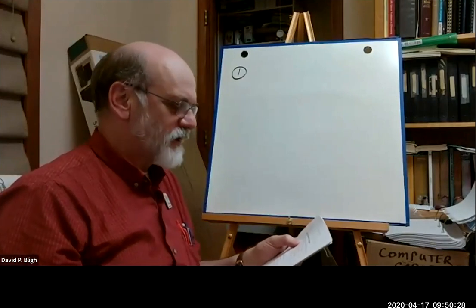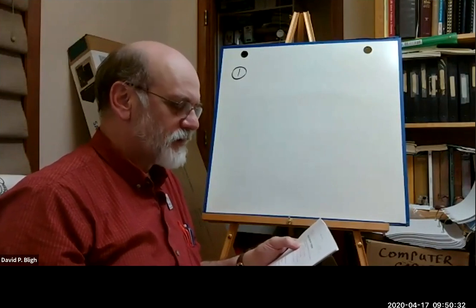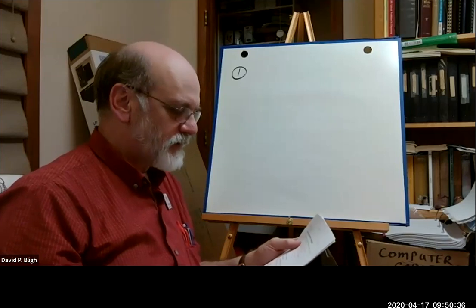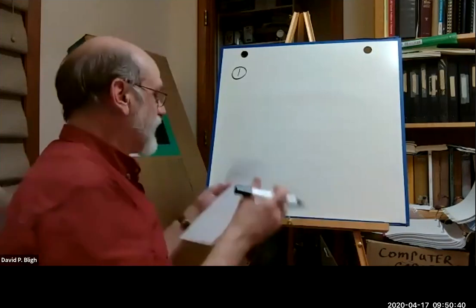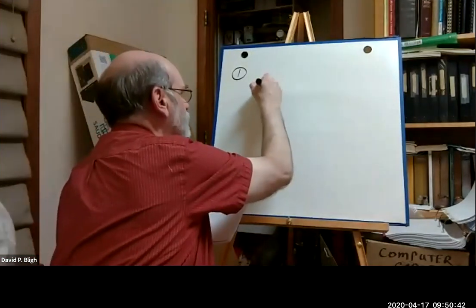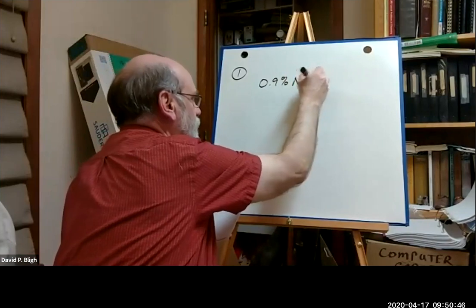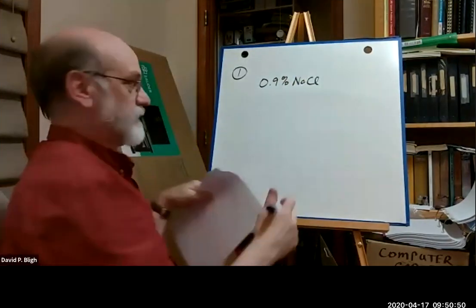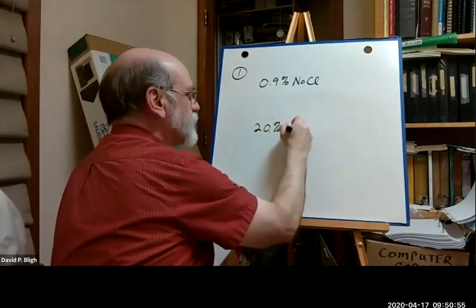Calculate the amount of sodium chloride needed to prepare 50 milliliters of 2 different solutions. First solution, 0.9% sodium chloride. And the other one is 20% sodium chloride.